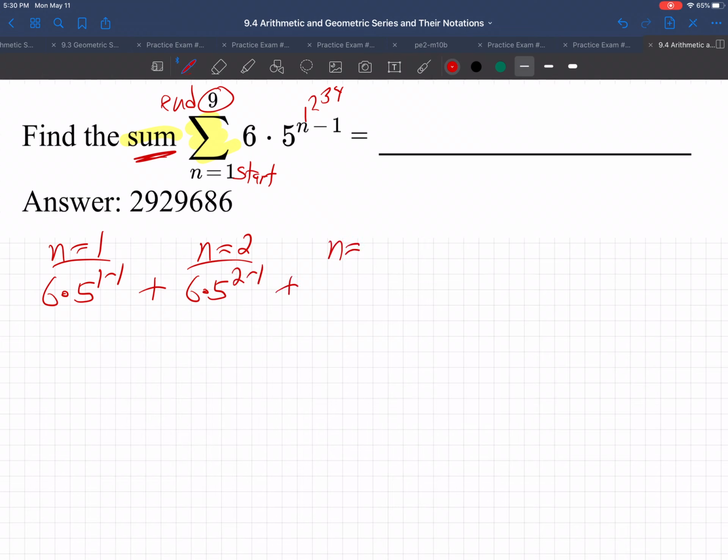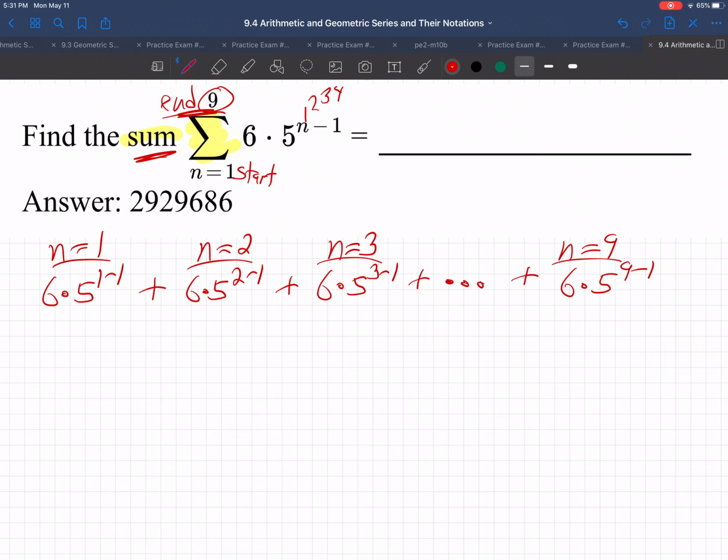Plus, and then you plug in 3. 6 times 5 to the 3 minus 1. Plus, dot, dot, dot, all the way to the last one where you end, 9. So at 9, it's 6 times 5 to the 9 minus 1. So I just plugged in the n values, 1 through 9.